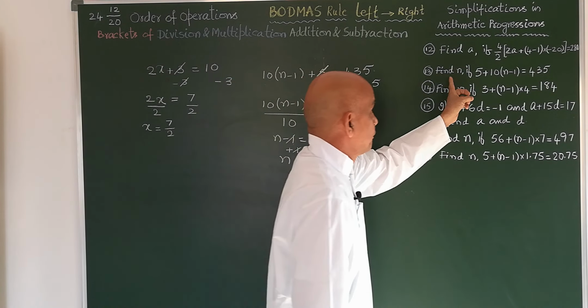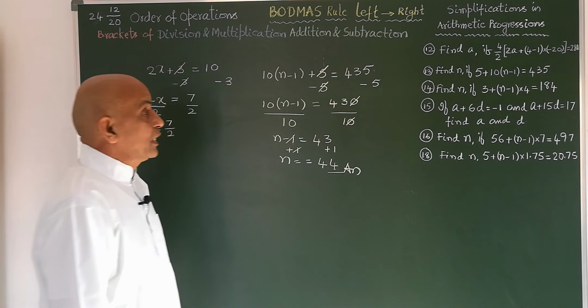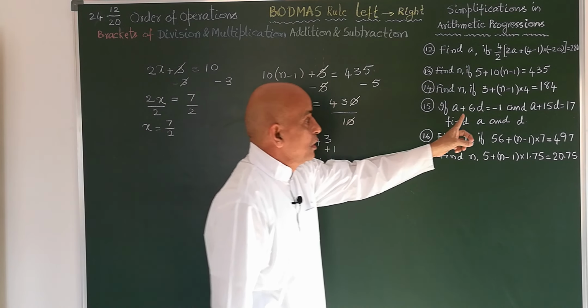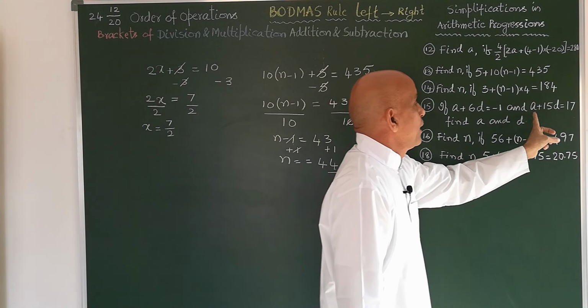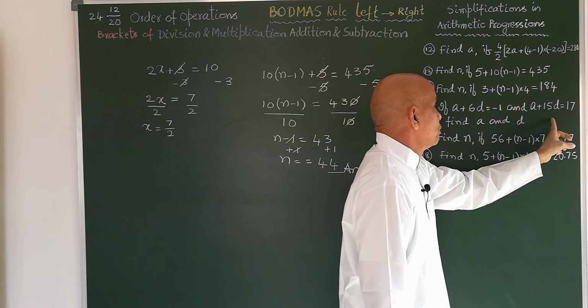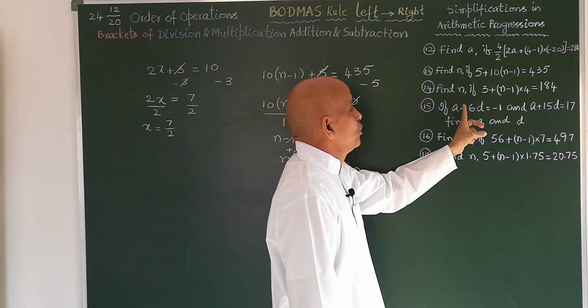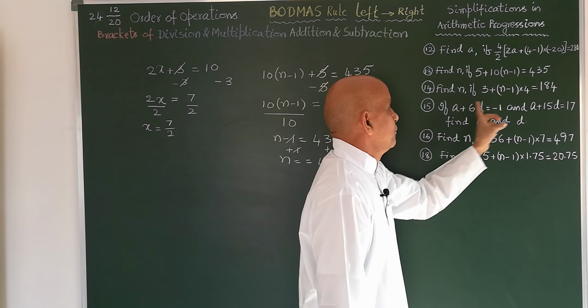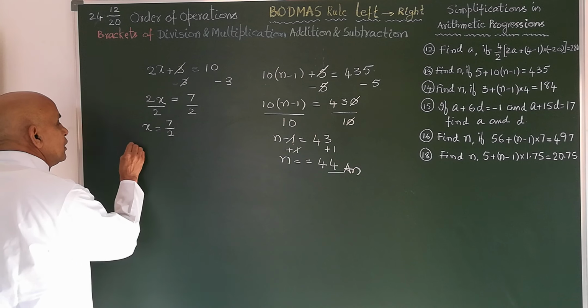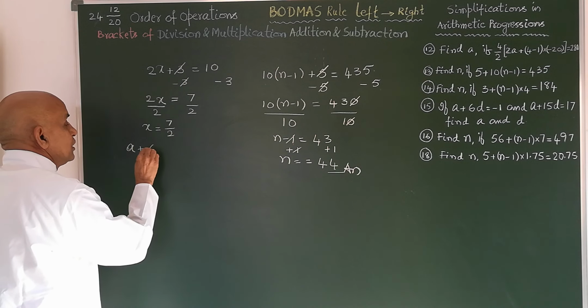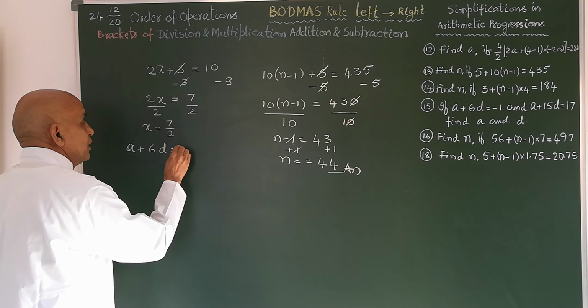Find n. Now in certain cases you will have two unknowns. Here a plus 6d and a plus 15d. We have two unknowns. To solve these two unknowns, two equations are given. Okay, a plus 6d is equal to minus 1.